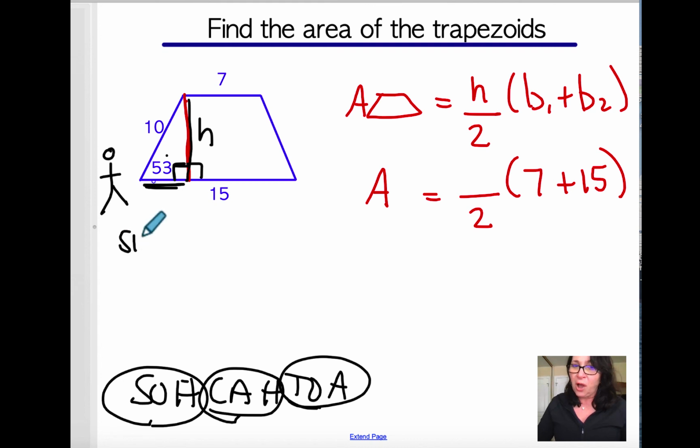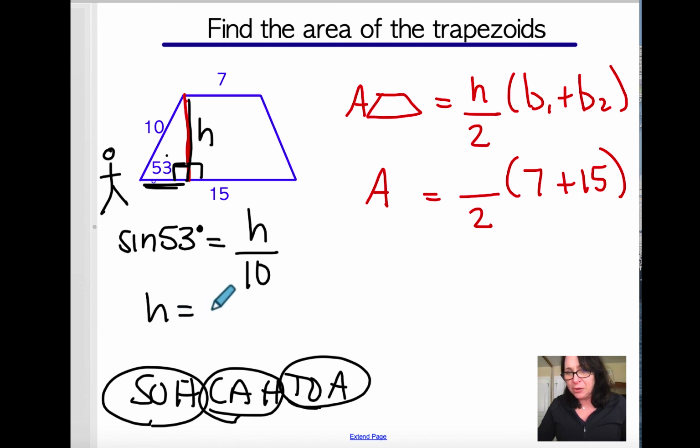So we're going to go sine of our angle, 53, is equal to the opposite side over the hypotenuse, which is 10. And so my h value is going to equal 10 times whatever sine of 53 is.